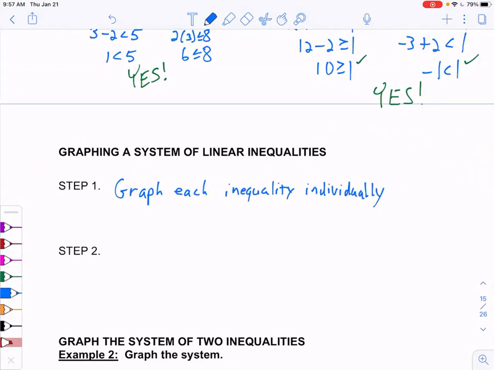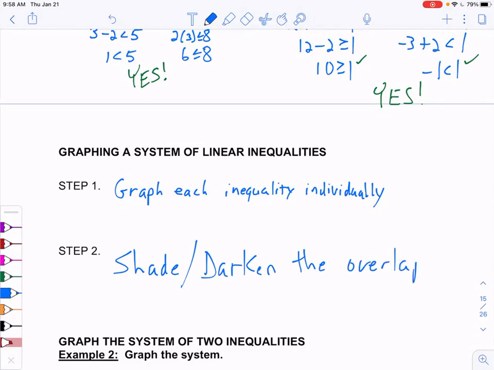So you're going to graph each inequality individually, just like we've been doing. You solve for y, you graph, you shade the region. And step 2 is you want to shade, darken, especially if you have pencils, the overlapping regions.